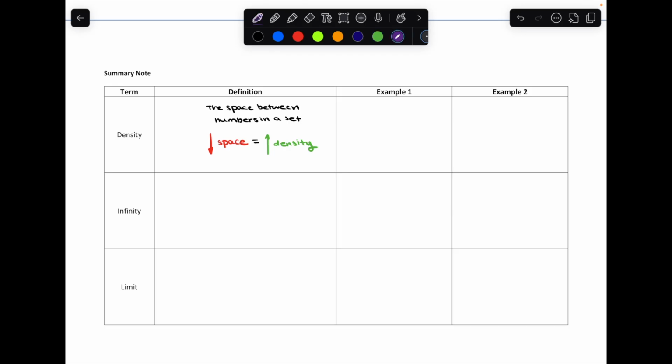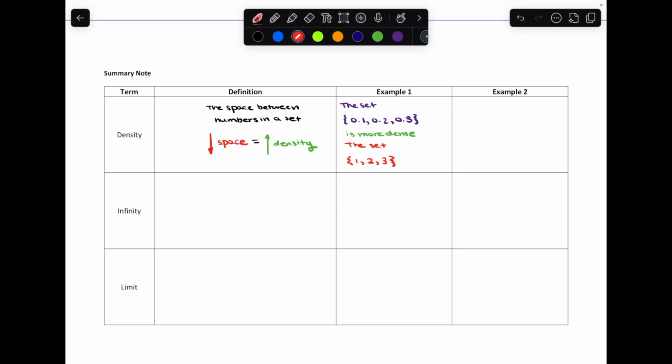And so if we look at an example, let's say we have this first set, which is 0.1, 0.2, 0.3. Remember, 0.1, 0.2, and 0.3 would be what we call elements in the set. And we can say that this is more dense than if we had the set 1, 2, and 3.